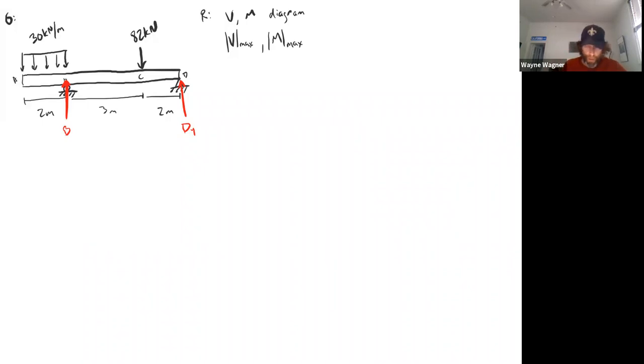All right, so then we can sum forces in Y, but that's not going to help me solve for B and D in Y by itself. Let's just go ahead and do it. Sum forces in Y. Hopefully you can see that there are 2 unknowns in that direction. So B plus D in the Y, and then I'm going to subtract that 82 kilonewtons. And then I'm going to subtract that 30 kilonewtons per meter.